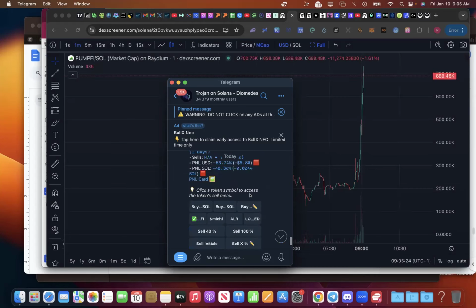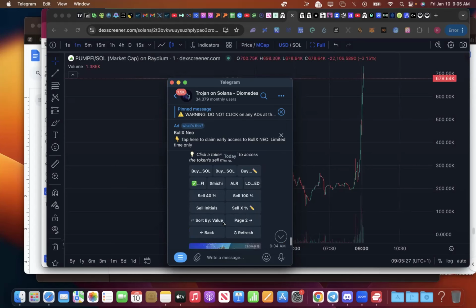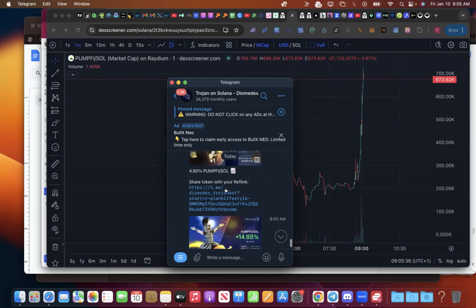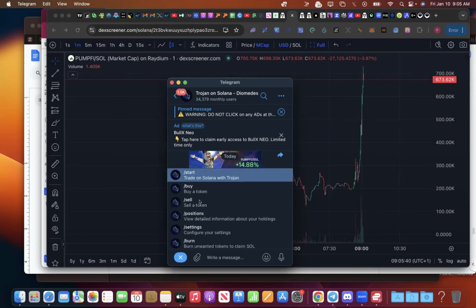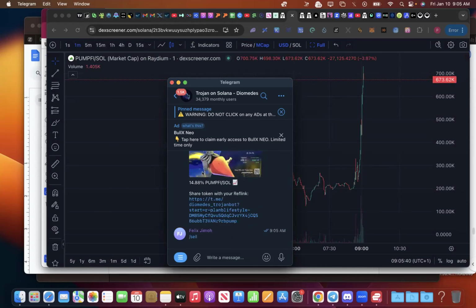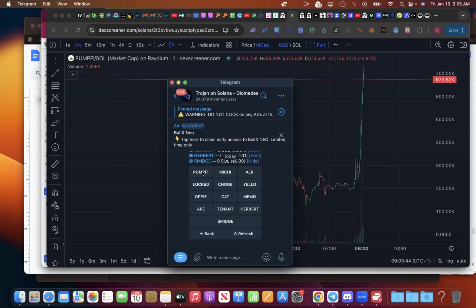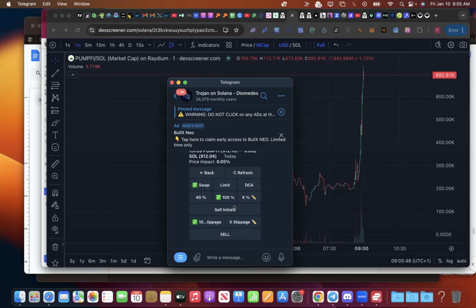So where is the coin itself? Okay, that's the one. If I want to sell it, I can sell it manually. I set both to sell, but if I want to sell manually, I can come here, and then choose how many percent I want to sell, or a fraction, or all.